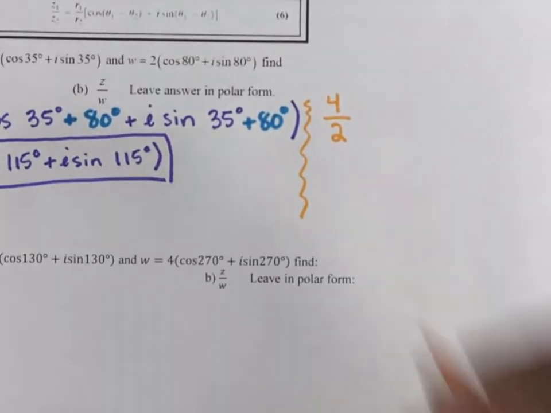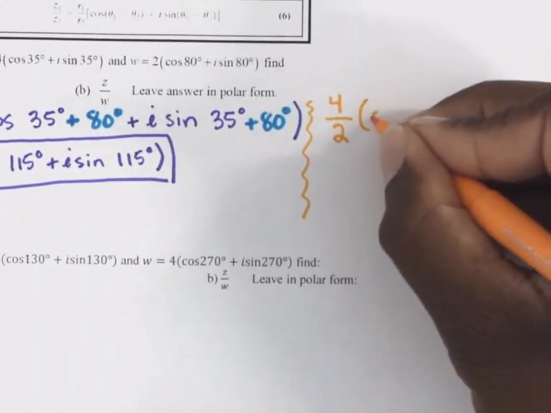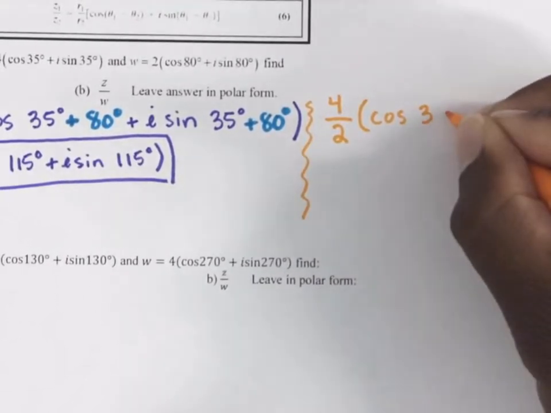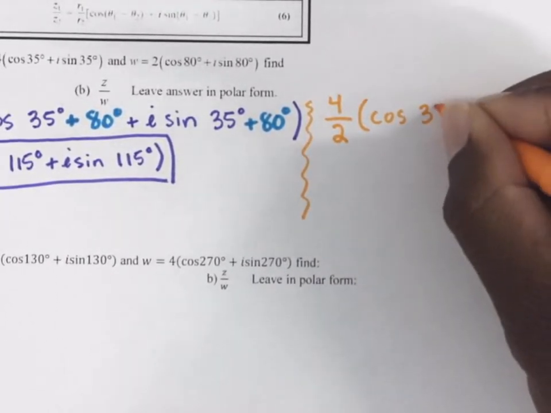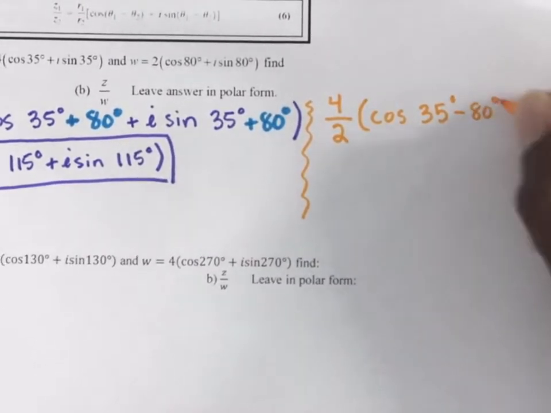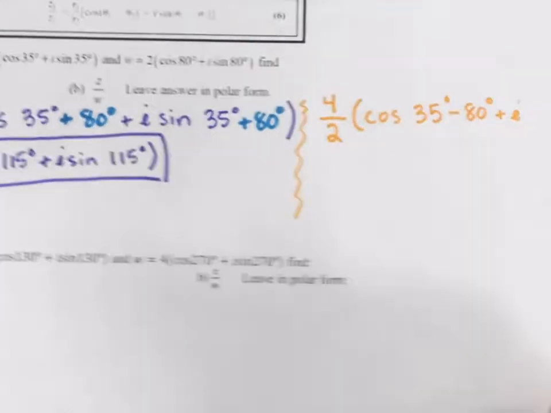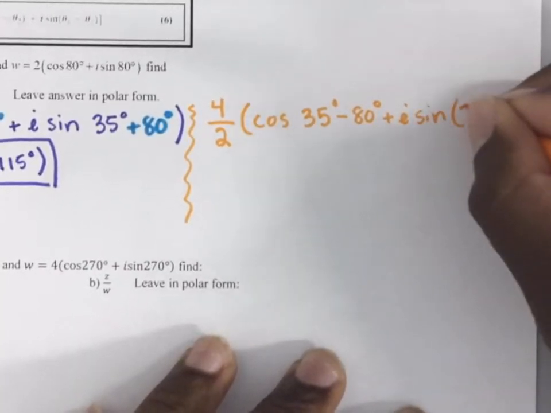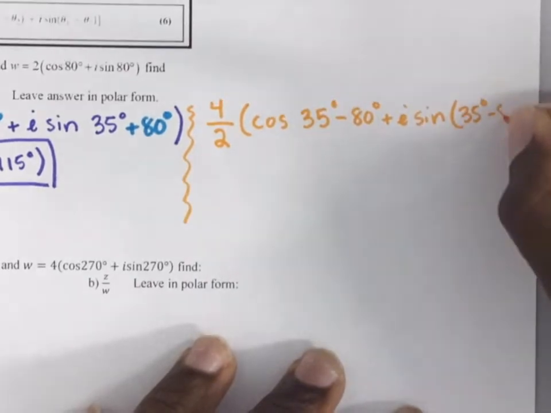So we got 4 divided by 2. I'll take my two angles, cosine first, and this time I'll do 35 minus 80. And I'll do the same thing for the sine. My imaginary unit sine, 35 minus 80.